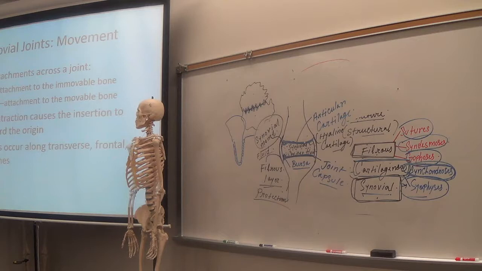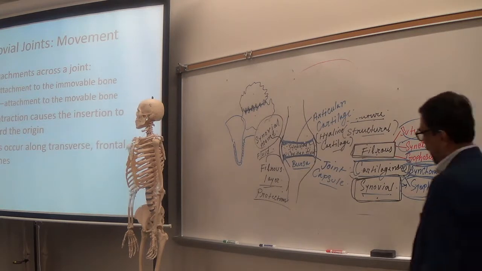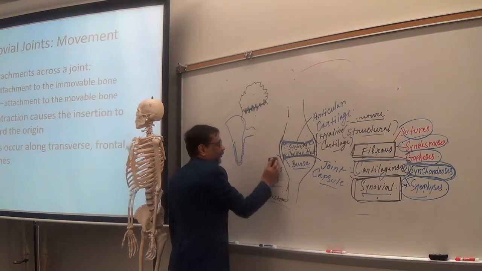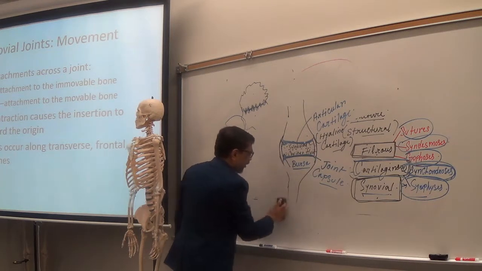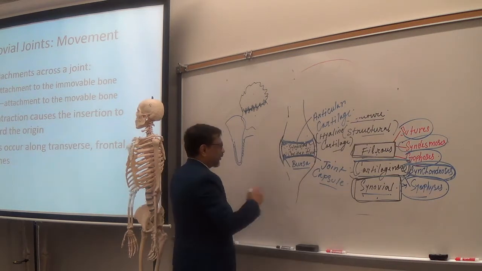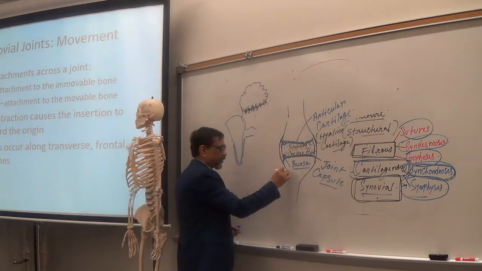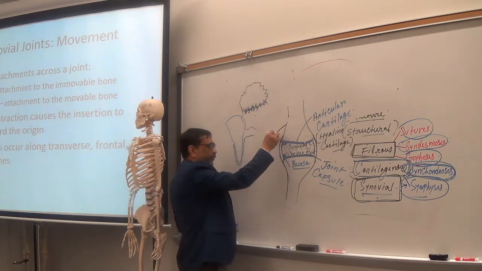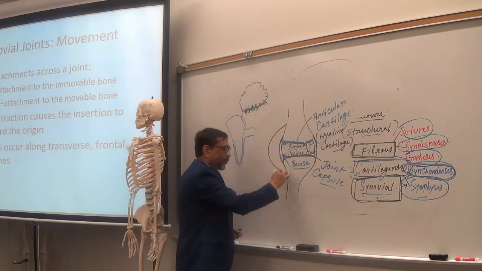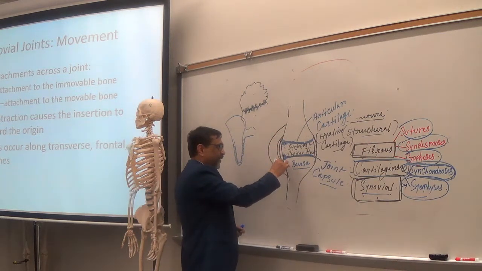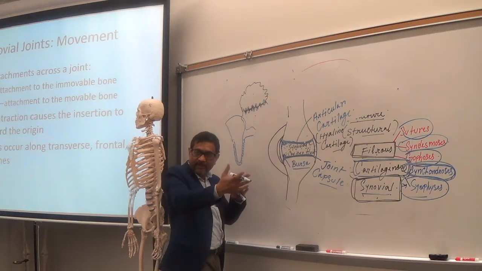Different types of movements. Now we'll talk about the movement. As I mentioned already, in most cases muscles cross the joint, because we know that muscle moves the bones at the joint, so muscles must cross the joint.